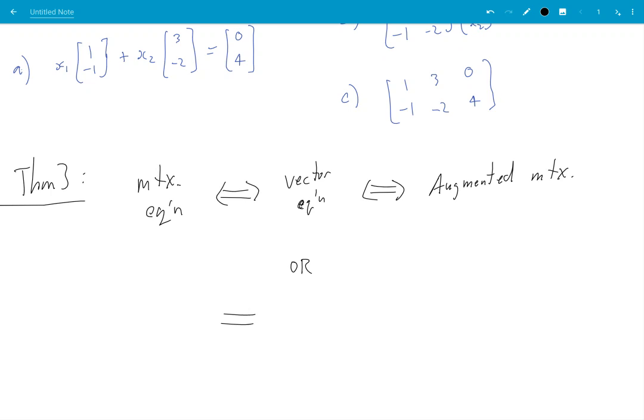Or in more technical terms, you have the vector equation, which looks like the summation of xi ai is equal to b.